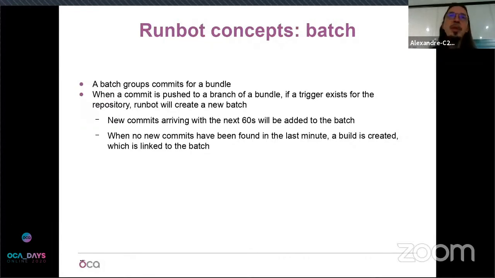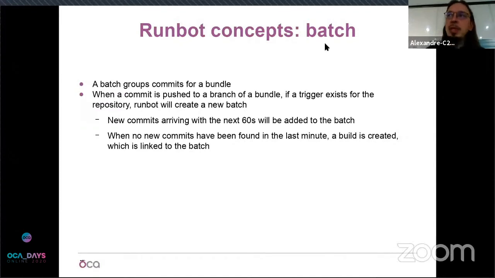And then there's a small trick here to avoid creating thousands of batches each time you push a new commit. Because often you create a commit, you push, and you say, oh my God, I forgot to add that file. So you git add the file, git commit amend, git push force, or git commit fixup, git push, and that's done in 15 seconds. So there's a timeout.